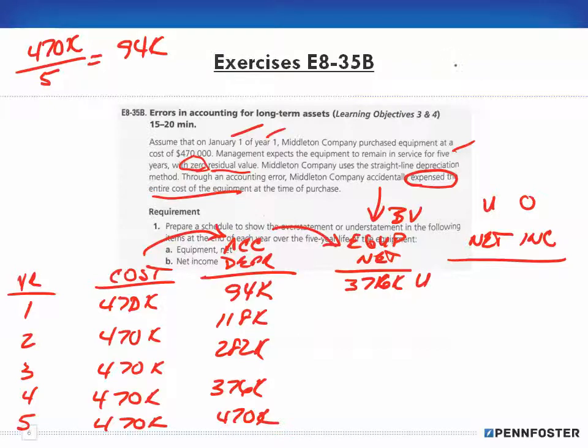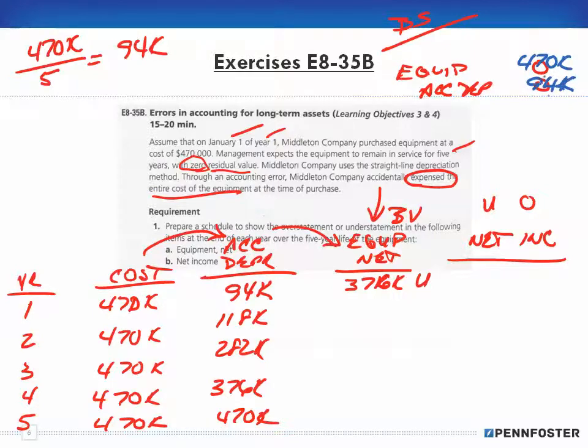Meaning if we put 0 on there, so if we call the asset equipment, and what I'm doing here is representing my balance sheet. If I have equipment less accumulated depreciation, our equipment is 0 and our accumulated depreciation is 0. Well, the reality is I should have had 470,000 and 94,000 in my first year.